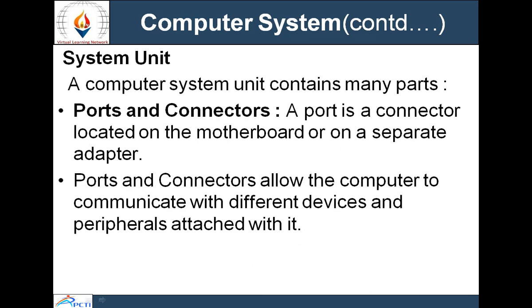Next one is system unit. A computer system unit consists of many parts. Ports and connectors. A port is a connector located on the motherboard or on a separate adapter. Ports and connectors allow the computer to communicate with different devices and peripherals attached to it.